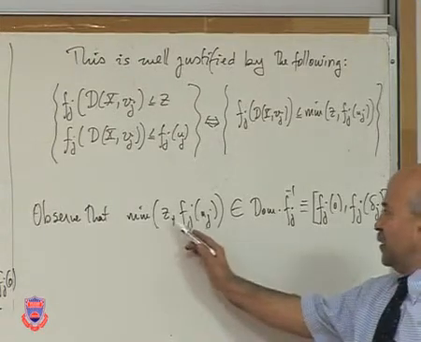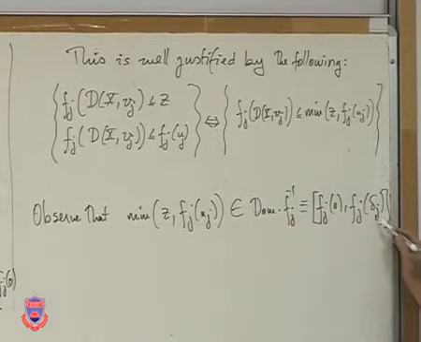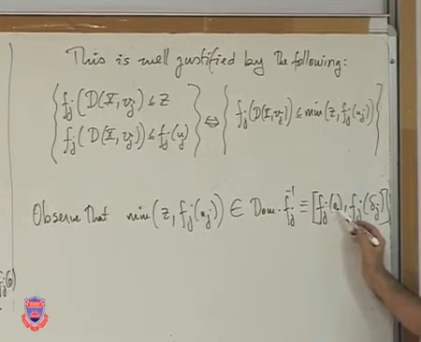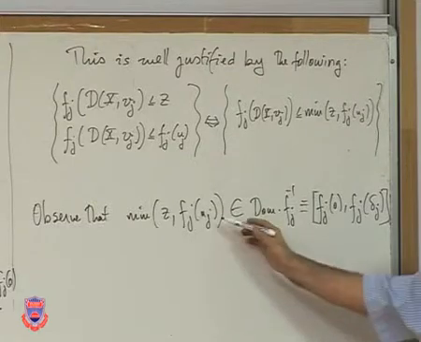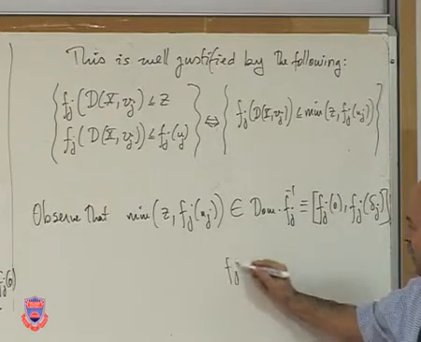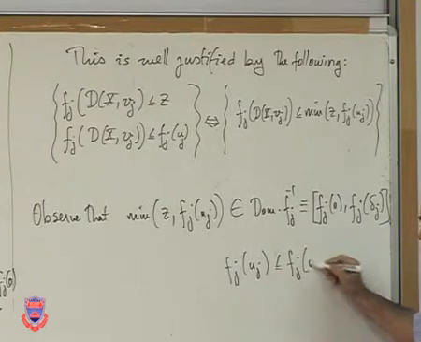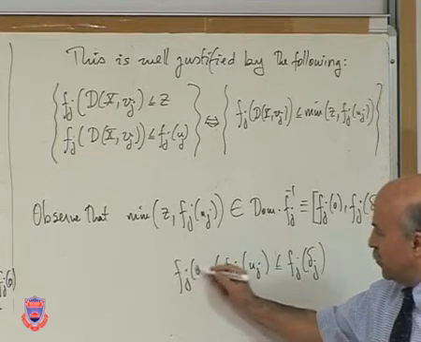Well, if z is less than or equal to fj uj, fj uj is certainly smaller than fj delta j. Also, fj uj is greater than fj0 because uj is a positive number or 0 at most. uj could be 0 actually. All right, so I know that fj uj is certainly less than or equal to fj of delta j, and also it's greater or equal fj of 0.